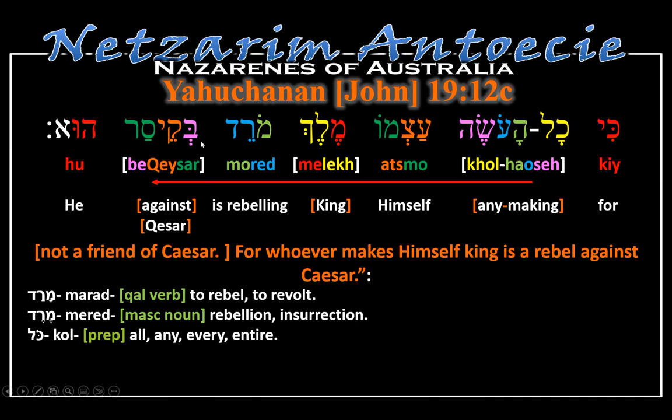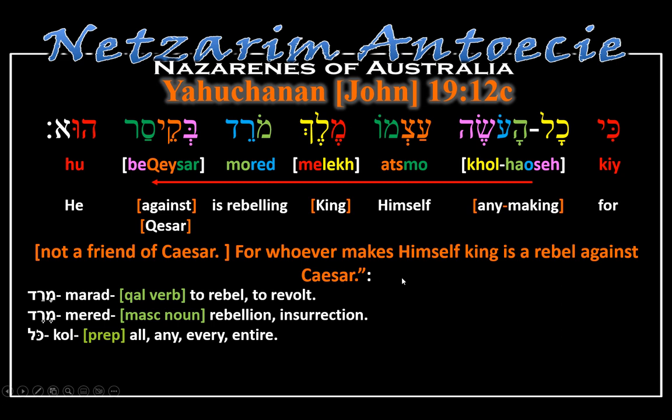So then we have bet, Kesar. Now the bet, which is often in, it can also be against Kesar or Caesar. Hu, meaning he or he is. So not a friend to Caesar, for whoever makes himself king is a rebel against Caesar.